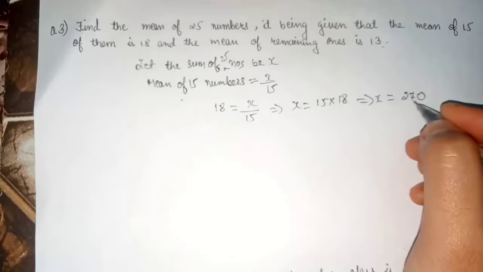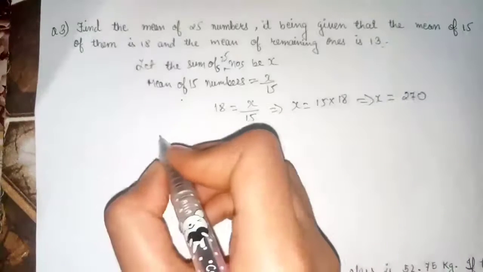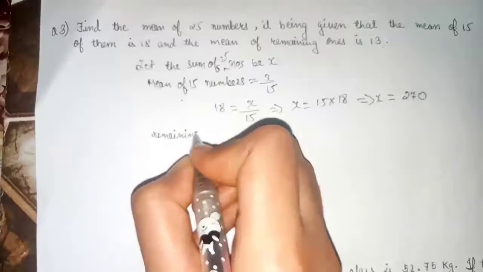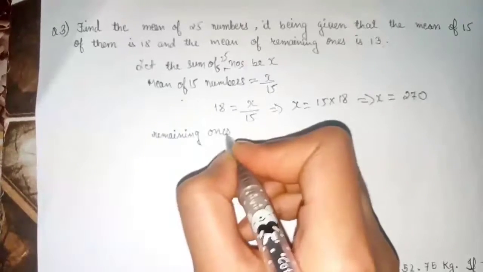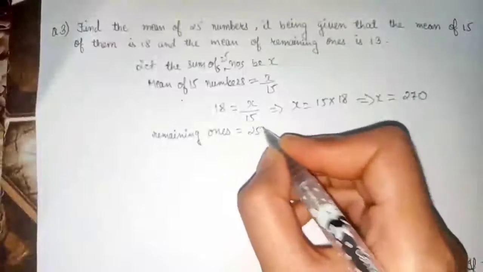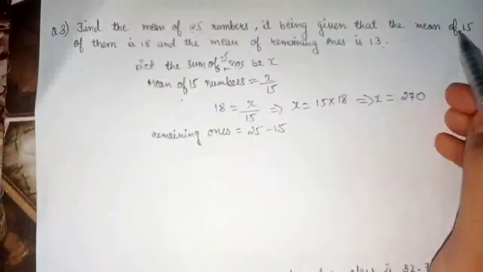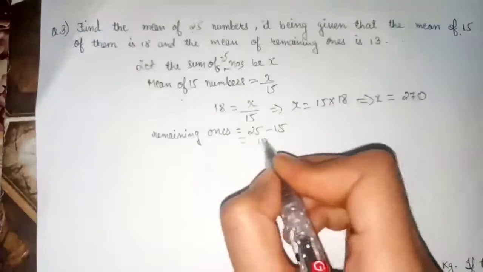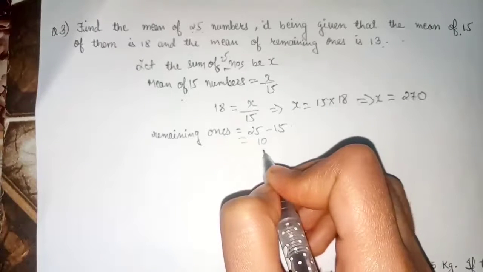Okay, so let's find the remaining ones. Remaining ones equals 25 minus 15. The total number was 25 and the mean of 15 was given, and the remaining is 10.